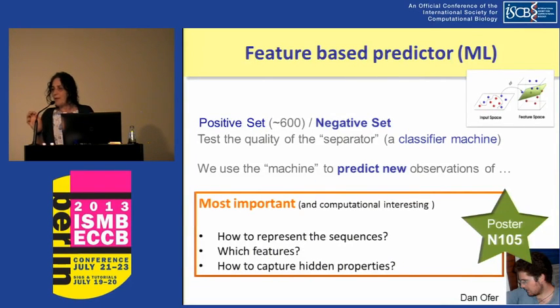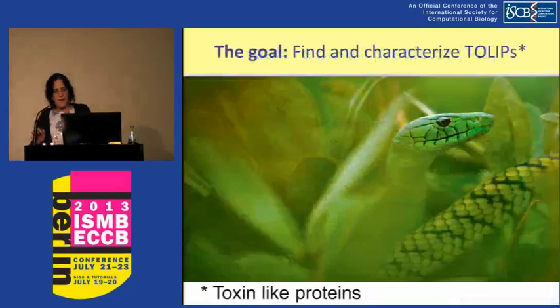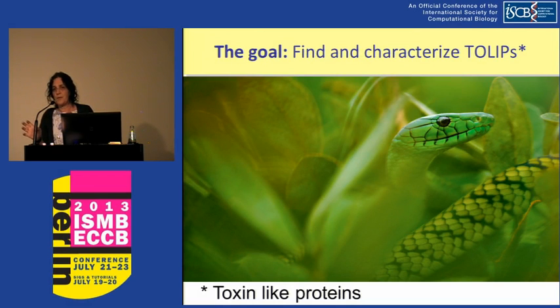This is the most interesting and, I would say, computationally challenging part. Once you do this, the rest is pretty much straightforward. So I'll skip this. And the goal, as I said, is to find what we call TOLIPs. TOLIPs are toxin-like proteins, an abbreviation for those compact structures that we know nothing about.